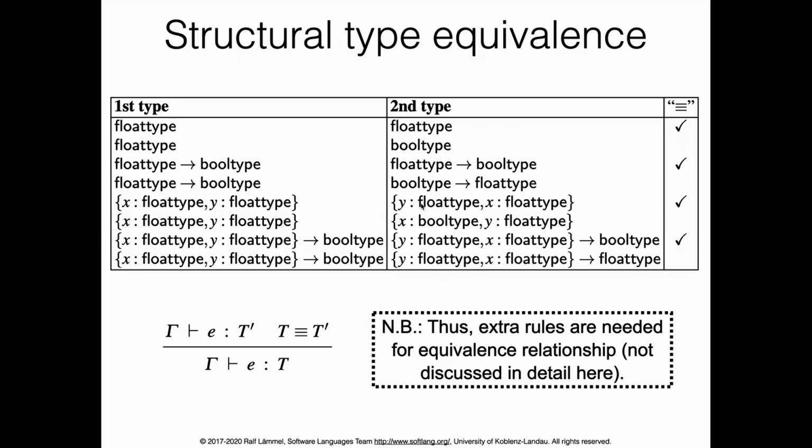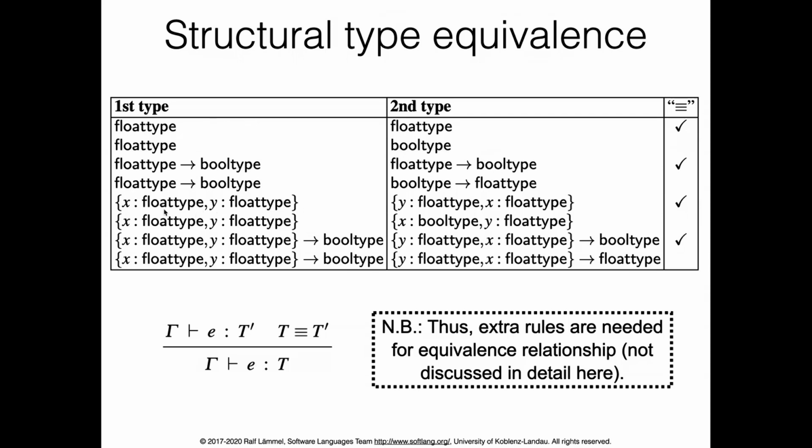So we shouldn't bother about the order of components otherwise. This is pointed out here with this example, and we show a bunch of combinations of types, whether they are equivalent or not. Obviously, in the most simple case, float type and bool type are not equivalent.